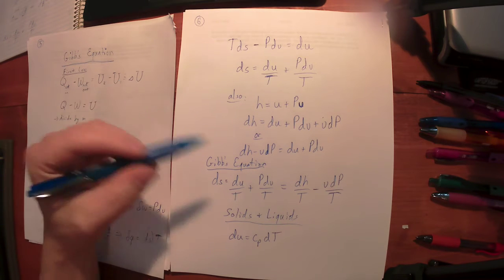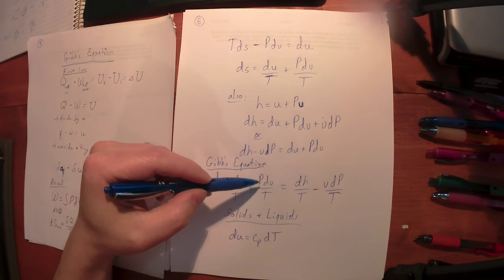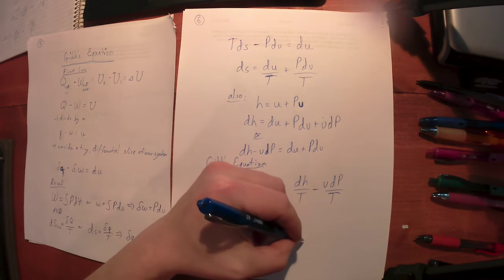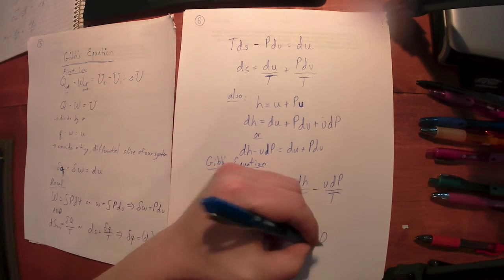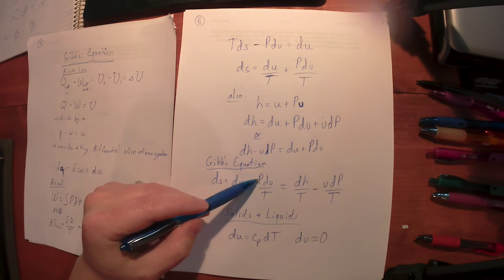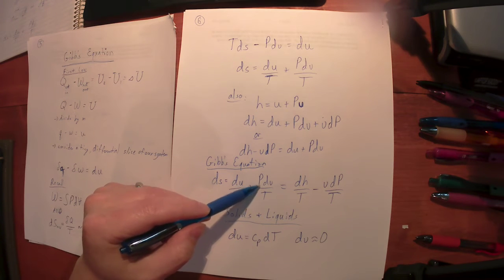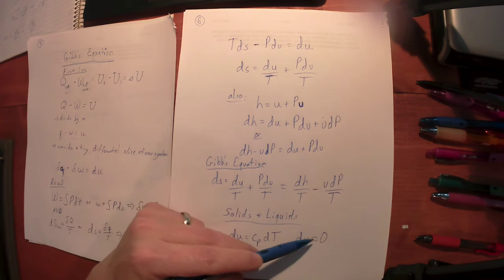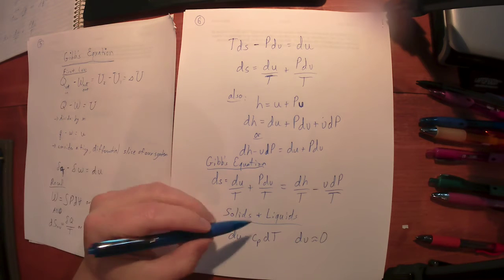Now, let's talk about this term, right? Well, for solids and liquids, the specific volume doesn't really change much, especially with respect to pressure. Temperature, yes, a little bit, but not a whole lot. There's really not much change for this guy.